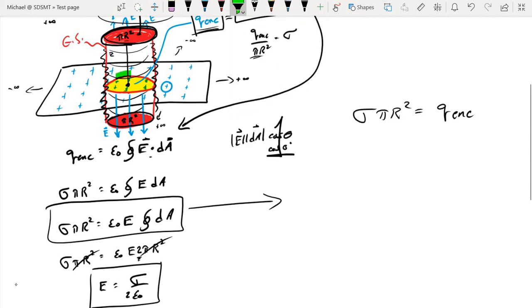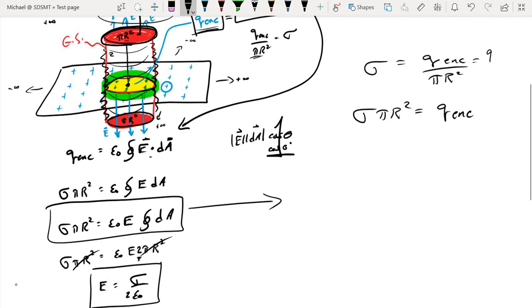So we had this disk right here where we sampled a certain amount of charge off of that disk, and so sigma was the ratio of that charge to the area that we sampled.